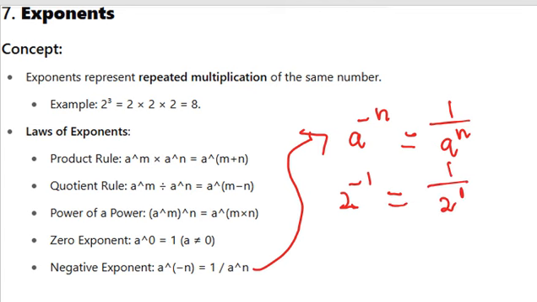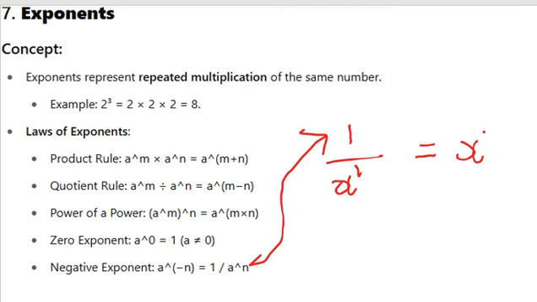So what if we have, for example, 1 over x? Since this is x to the power of 1, this is the same as x to the negative 1.